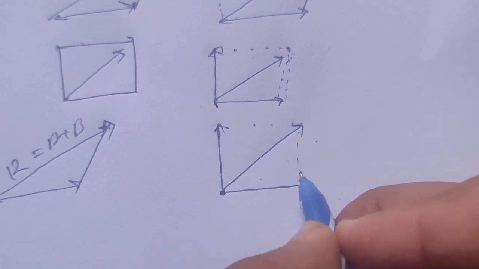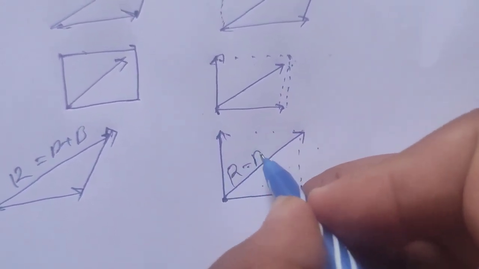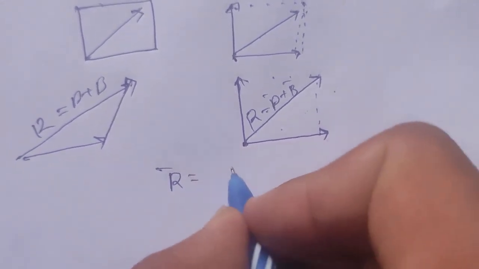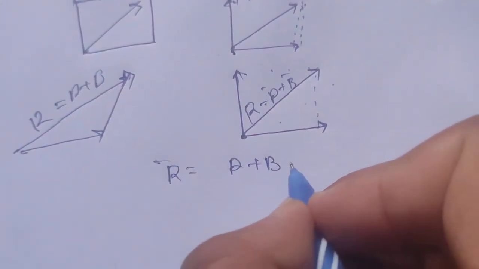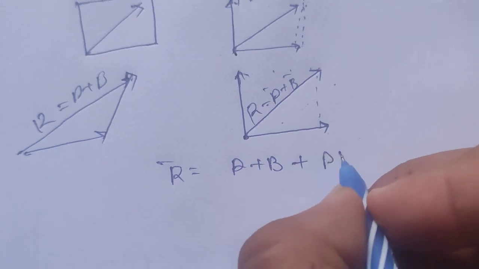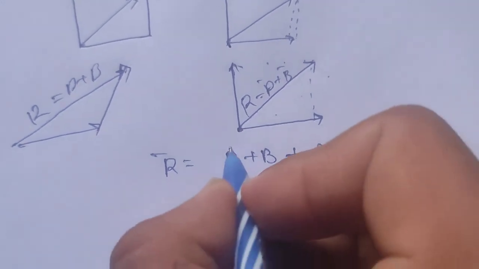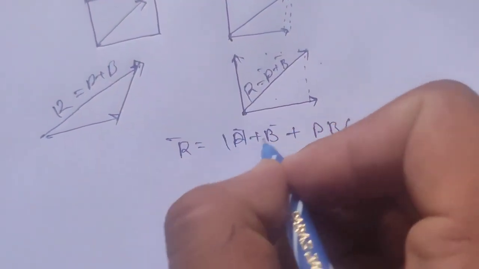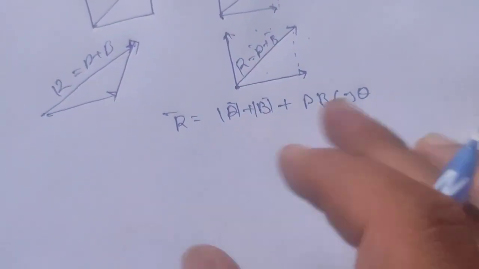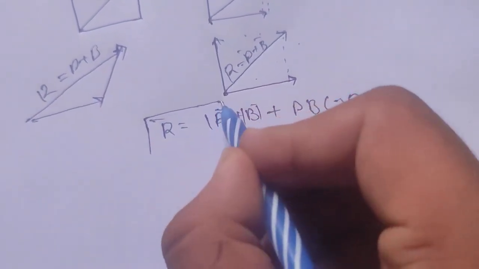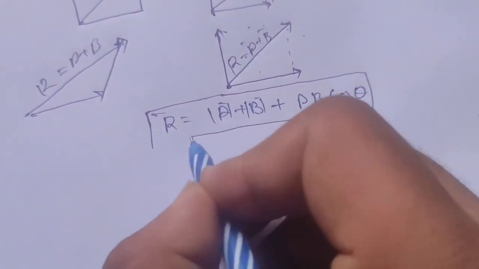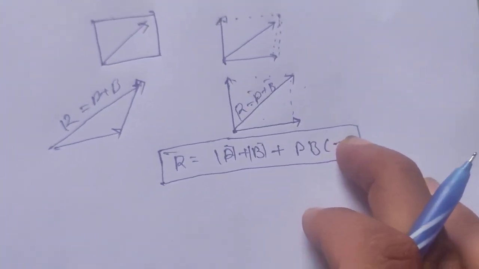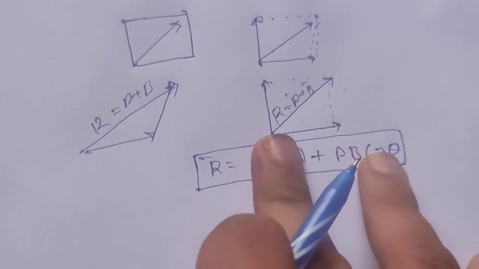This is the same, that is R is equal to a plus b, and the magnitude of the resultant is given by the square root of a squared plus b squared plus 2ab cos theta. We will prove this in the next class, in a detailed way.